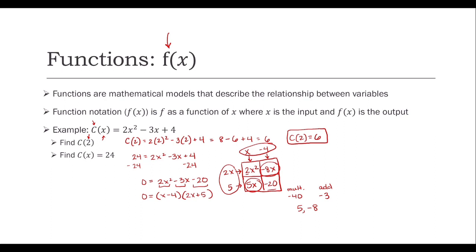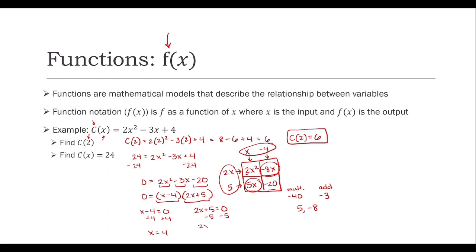So we want to find when that equals 0. So if this is 0, then 0 times something will be 0. Or if this is 0, 0 times the other thing would still be 0. So we want to find when x minus 4 equals 0, or when 2x plus 5 equals 0. So if we add 4 to each side, we get that x equals 4. And here we'll subtract 5 from each side.